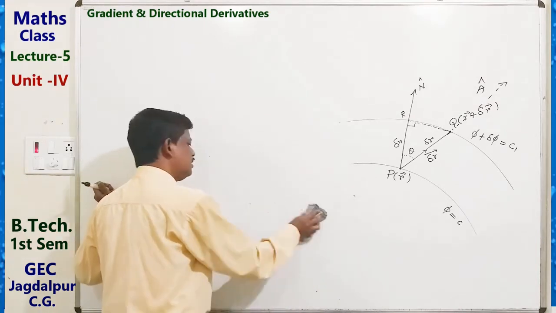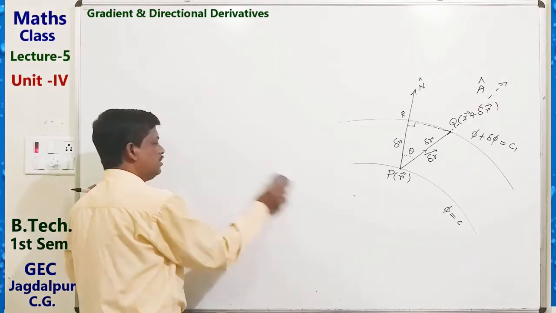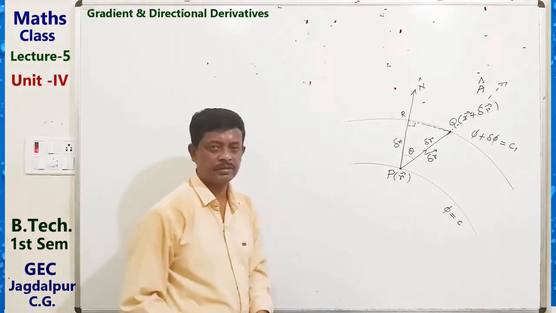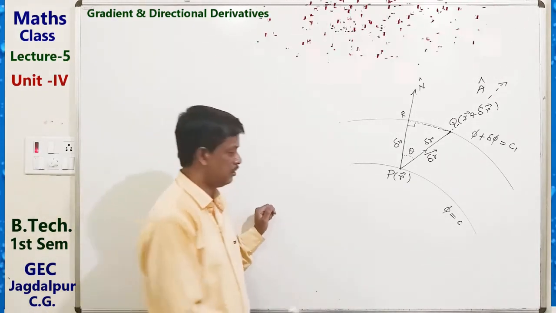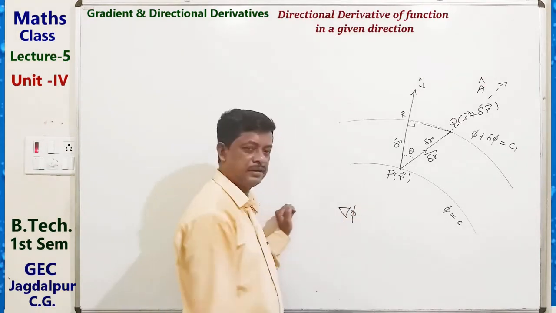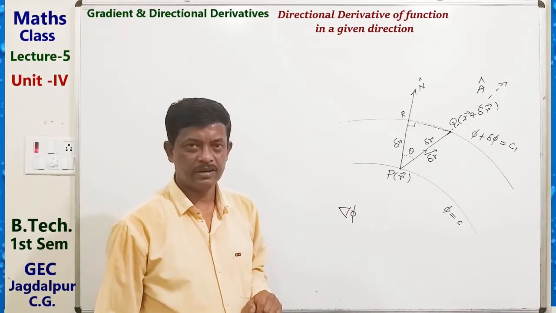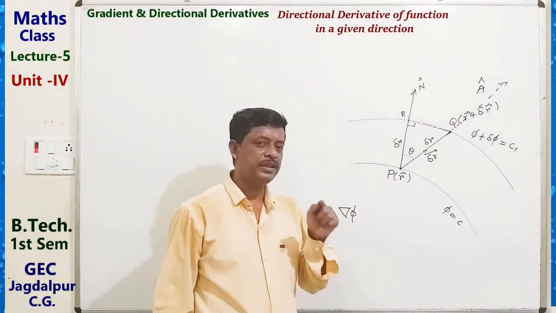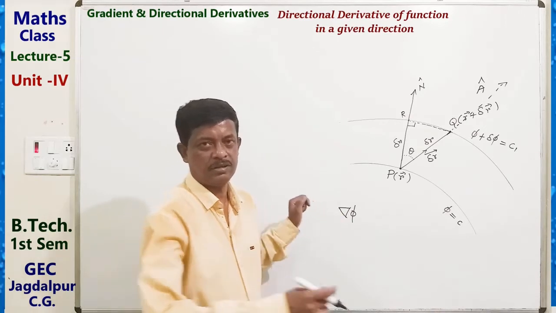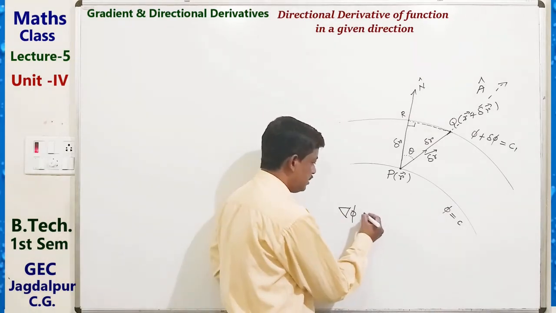And also in a direction, we know del phi, the gradient. This is a vector. Its component in a direction we can find.